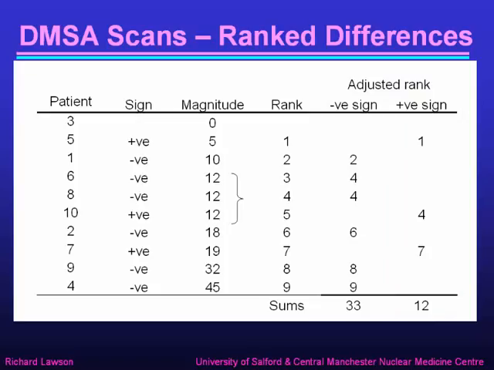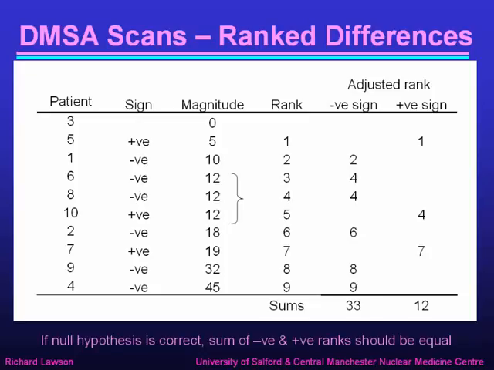That's just like separating off the men and the women when we separated people by height. And we're looking to see, do all the ranks of the negative signs, equivalent to the women, appear down one end of the ranking, whereas the ranks of the positive signs, equivalent to the men, for example, appear at the other end. And that's characterized by the rank sums.